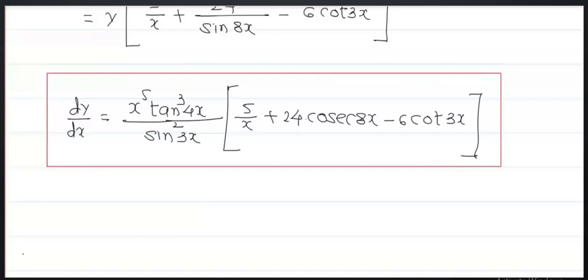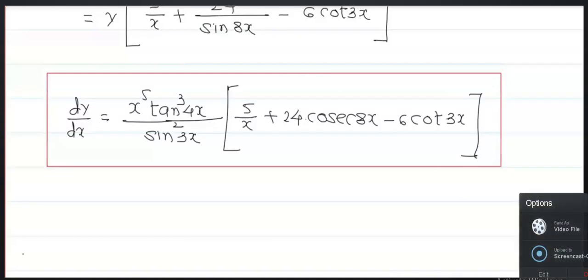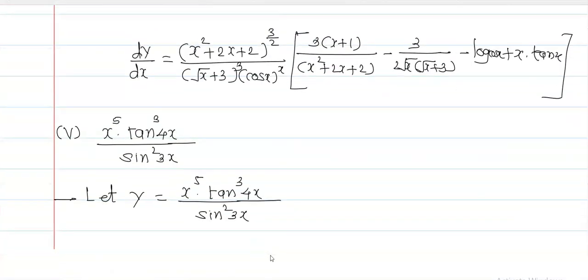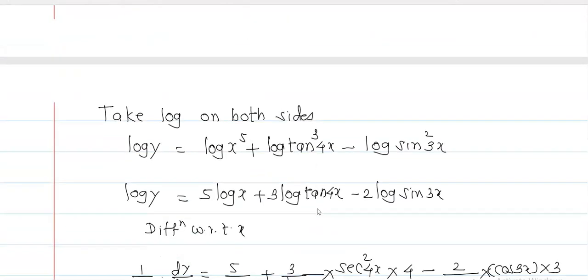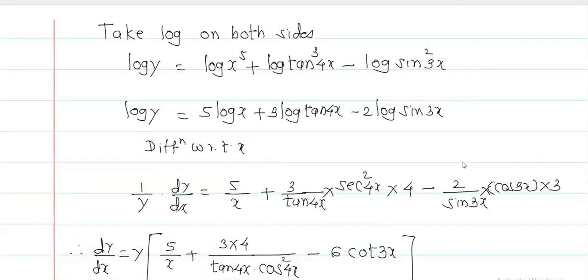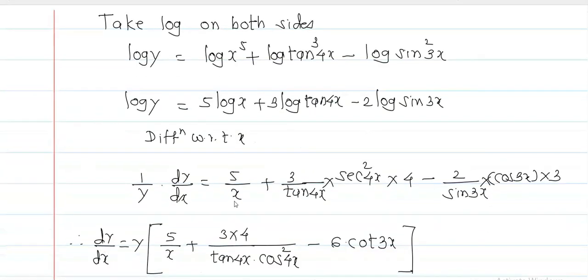See this again. So y, take log, normal simplification is here. 1 upon x, 1 upon tan of 4x, its derivative. Here is 1 upon sin of 3x, its derivative.